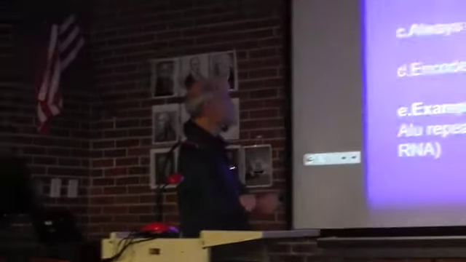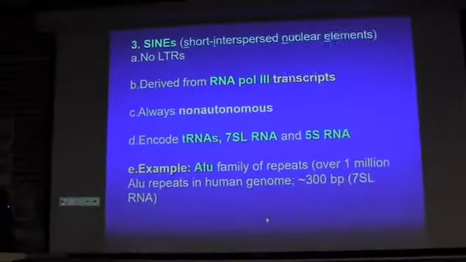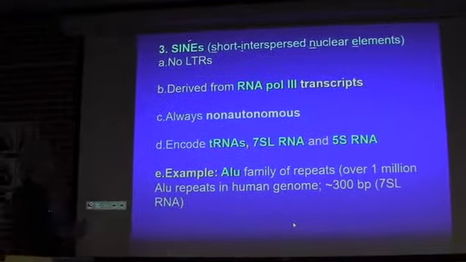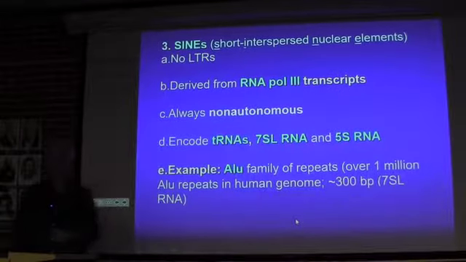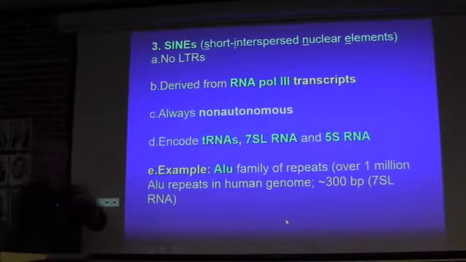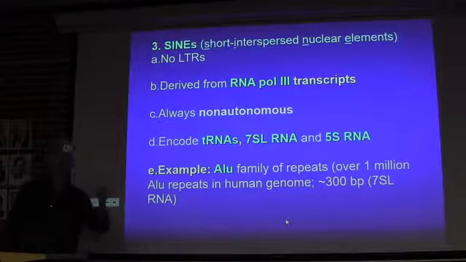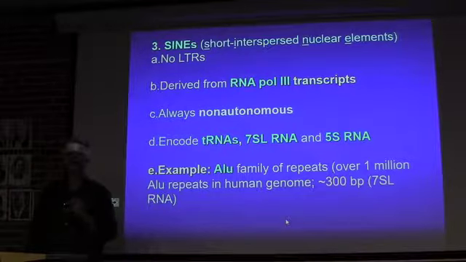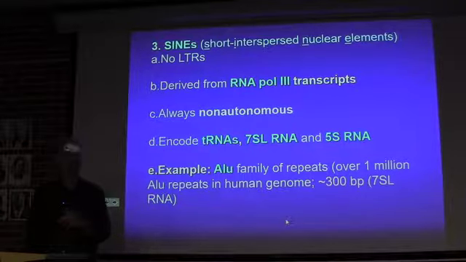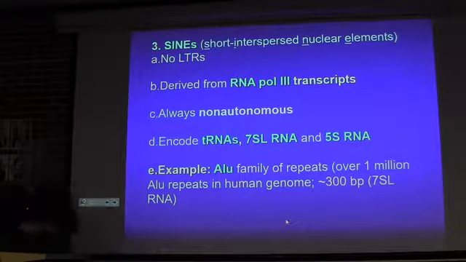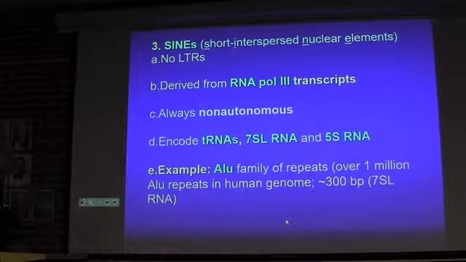So Alu is an example of a SINE in the human genome. What's an example of a LINE in the human genome? L1 for LINE 1, L1. So L1 is a LINE. Alu is an example of a SINE.